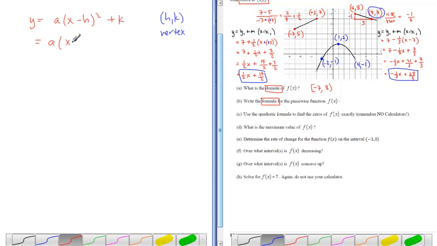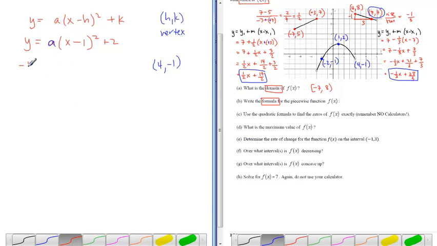So plug in my vertex: x minus 1 squared plus 2. So I have y equals this. What's tricky is that I don't know what this a value is, so I need another point. I'll choose 4, -1. Plug that into y and x so that I can solve for a.